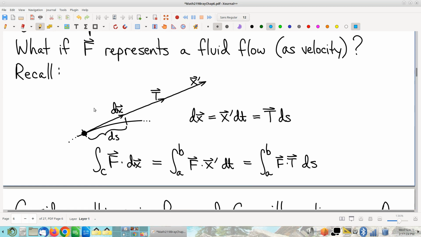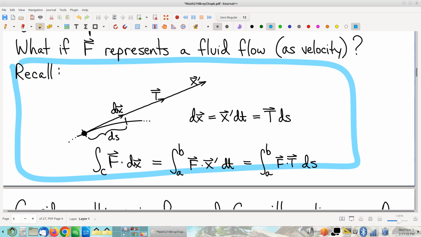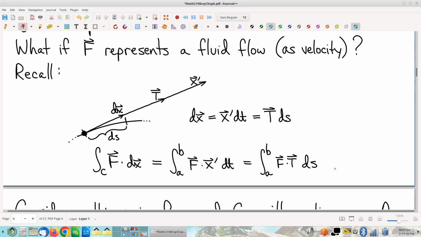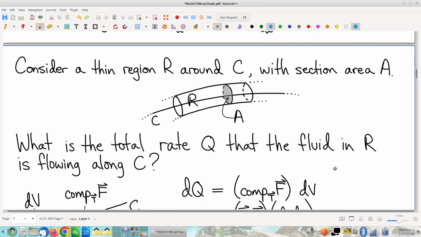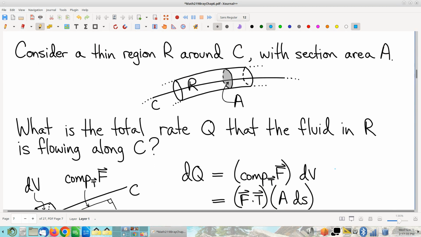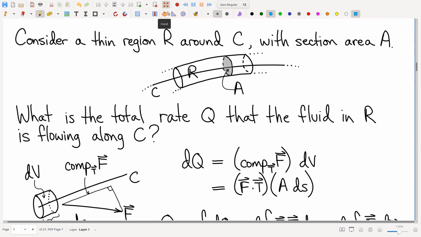By the way, all of this right here is just a recopy for convenience of reference when necessary. There's nothing new happening there. So here's the beginning of my argument here. Oh, and I forgot to hit the button. There we go. Okay, this is going to seem to come out of nowhere. I have a curve.